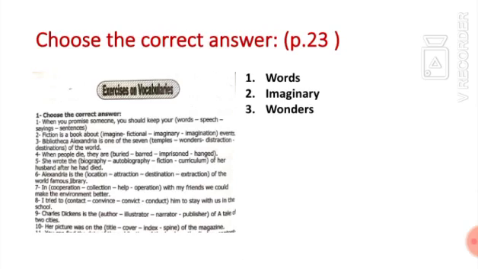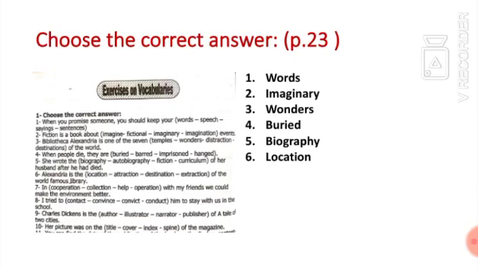Number 4. When people die, they are buried. Number 5. She wrote the biography of her husband after he had died. Number 6. Alexandria is the location of the world famous library.